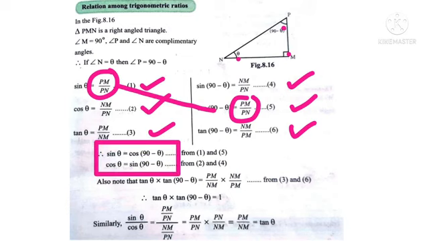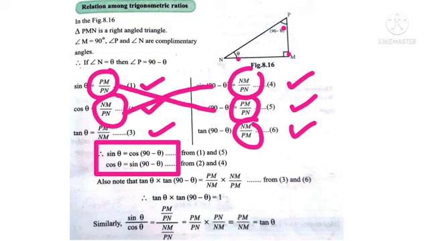And also cos theta is equal to sin 90 minus theta, and tan theta into tan 90 minus theta is equal to 1.